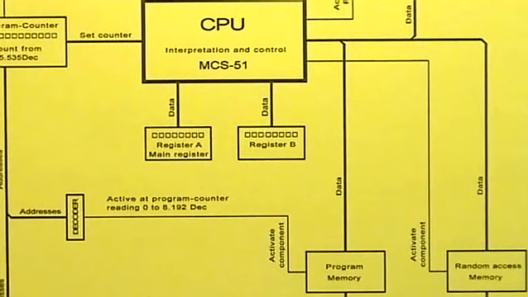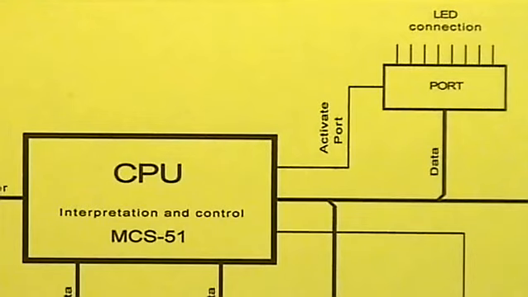Data that need to be cached because you need it again later in the program execution is cached in random access memory. The CPU can manage the data to be taken out of the system or required input data via ports.